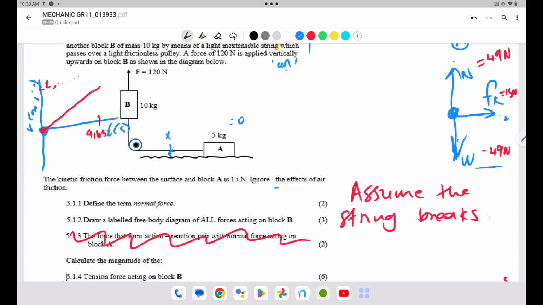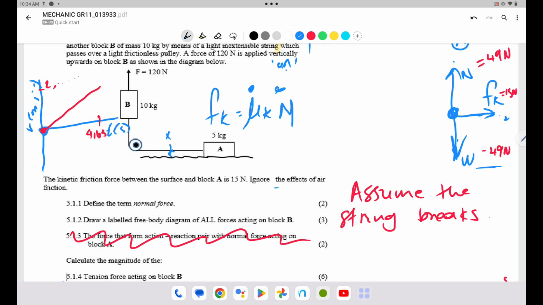Remember that Fk is only affected by two things: mu k and the normal force. If the string breaks, it's still the same block, made of the same material, still on the same surface. Mu k will remain constant. And if we look at the normal force from the diagram, it will still remain the same.